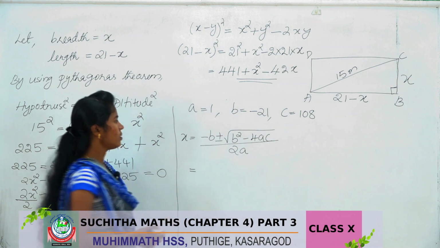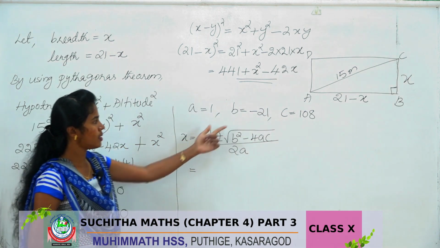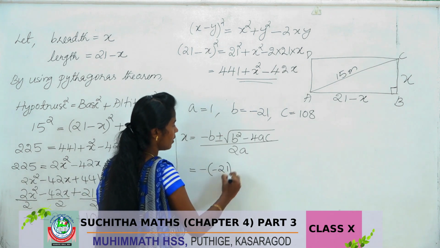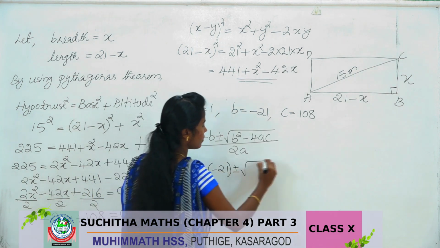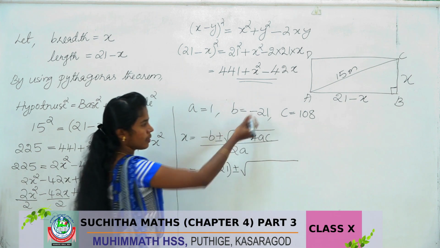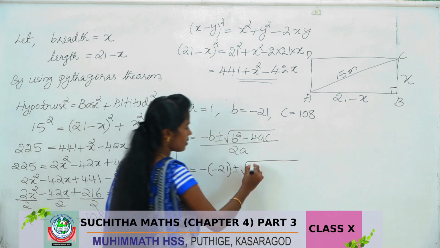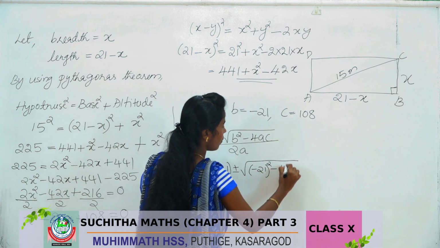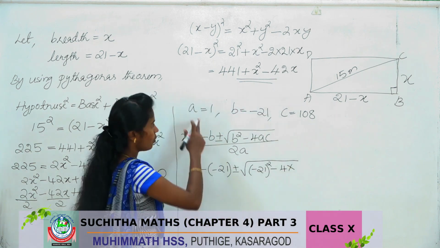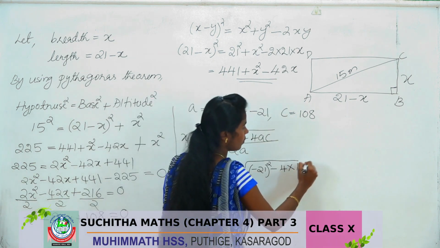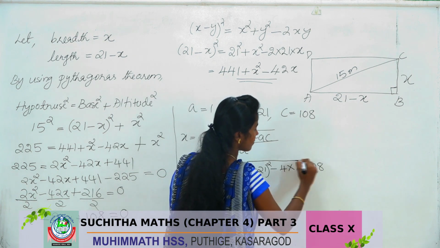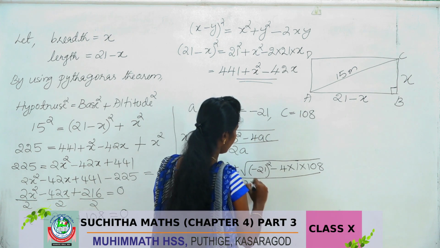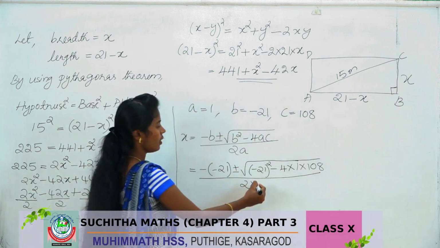Apply the values. Here minus b is minus of minus 21, plus or minus square root of b square. Here minus 21 whole square minus 4 into a into c, 4 into 1 into 108, divided by 2 into a. What is the value of a? 1.